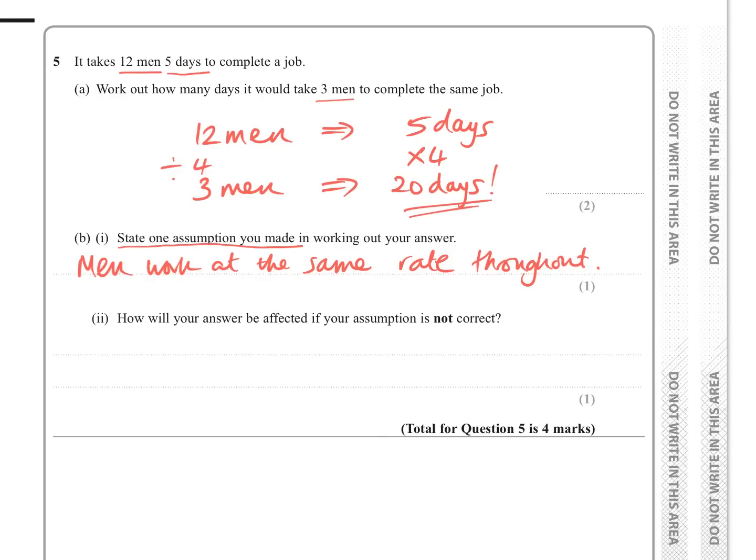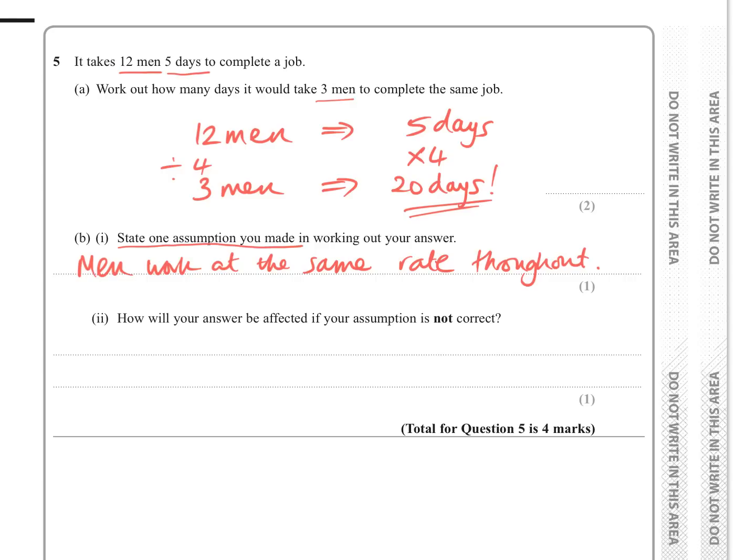Well, the last part is, how will your answer be affected if your assumption is not correct? Well, I think these questions are quite hard for me, because I kind of think of all these possibilities. I guess if they weren't working at the same rate, then it could take a lot longer, or be much quicker.